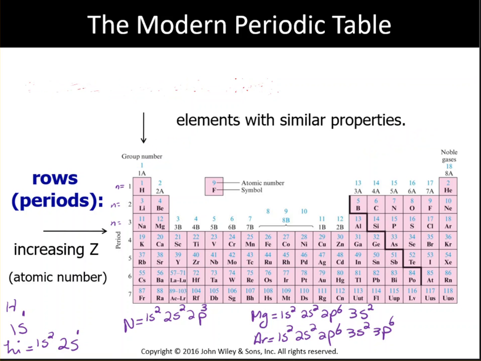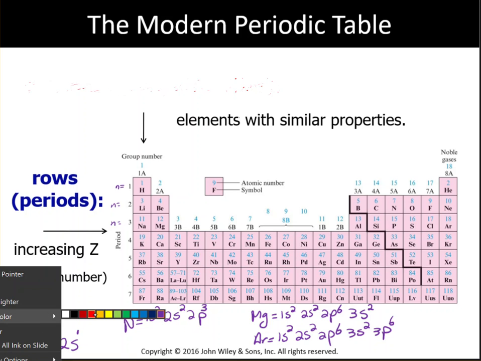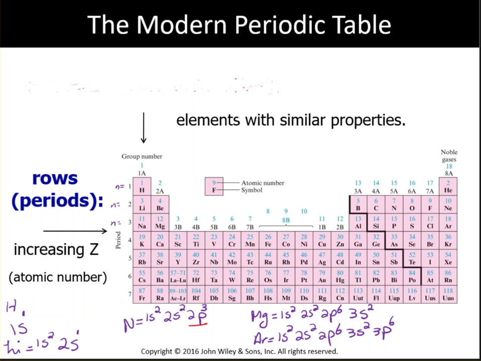Now, for main group elements, based on their location in the periodic table, we can find out what the valence shells are, and we can find out the number of valence electrons too. For example, let's look at nitrogen. Here is the electron configuration of nitrogen. The valence shells for nitrogen are 2s and 2p, right?